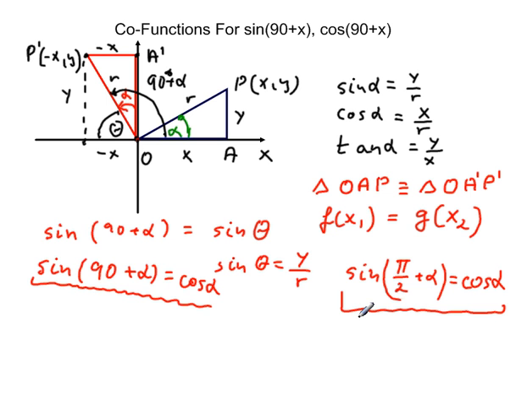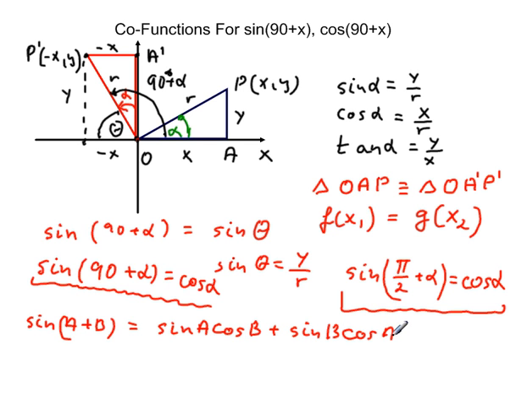When you watch the video on the addition formula, sine of A plus B, you will see that this expands to the following: sine A cos B plus sine B cos A. Let's apply this formula to our identity, that sine of 90 plus alpha is equal to cosine alpha.